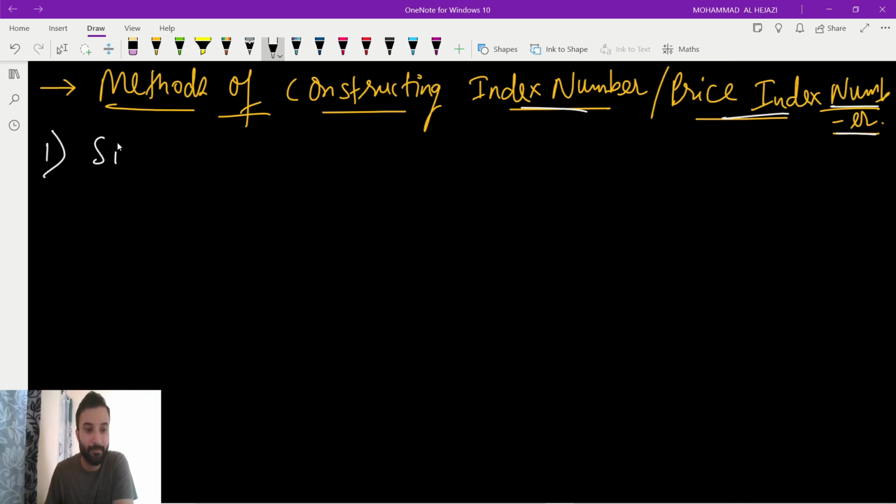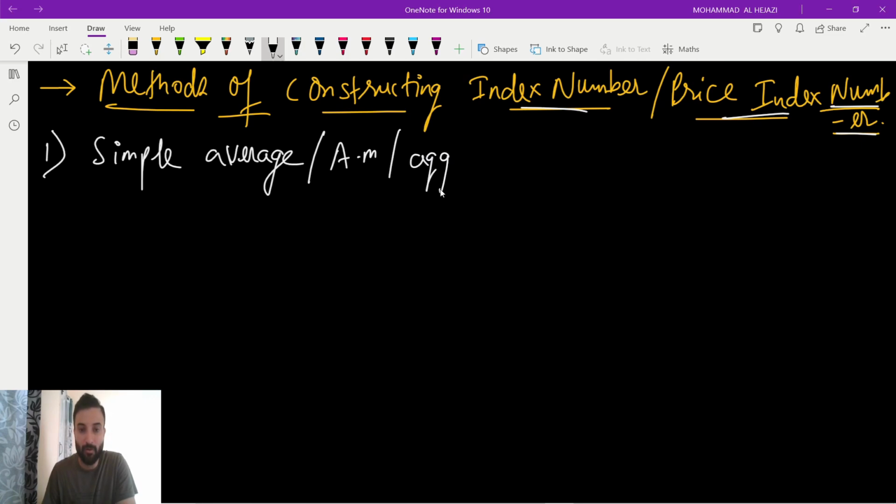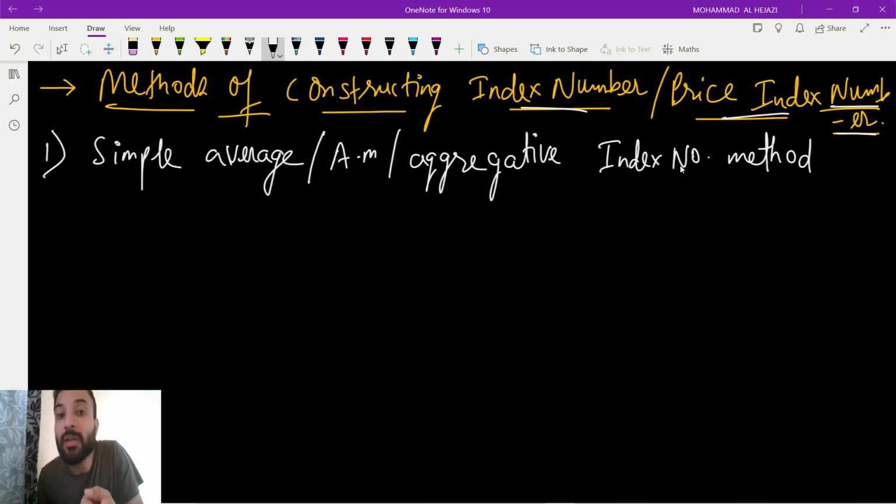The first method is simple average. Okay. Simple average, or they will say simple arithmetic mean, or they will say simple aggregative index number method, because all are the same.